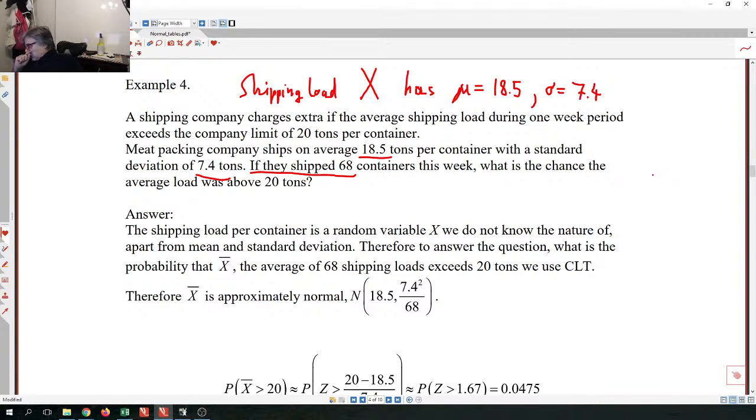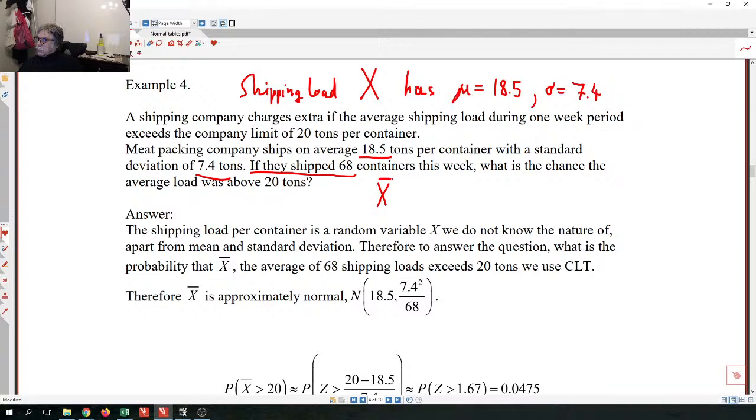Now we have to ask: how are we going to find that out? We don't know anything about the distribution of X, and here we are asked for the distribution of X bar. Well, we have the central limit theorem.